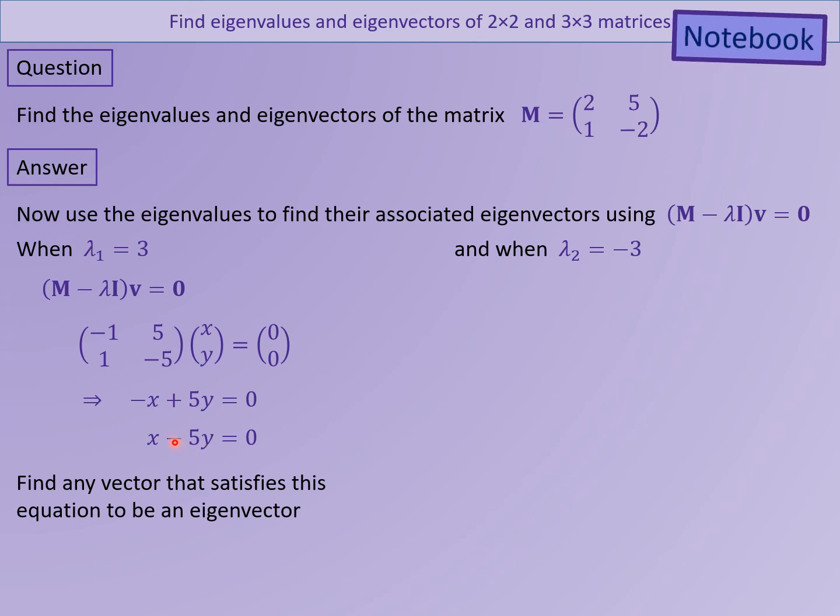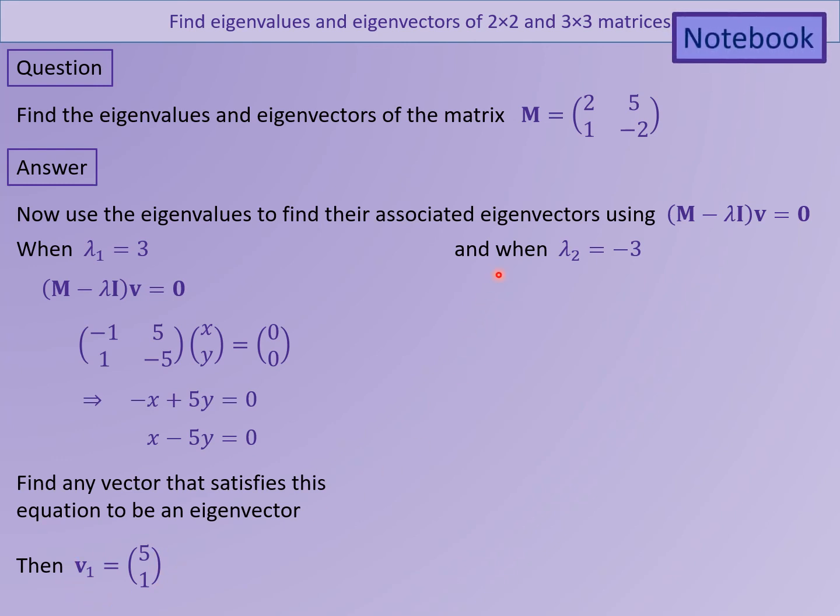And if y equals 1, I can see that x would have to equal 5. That's an easy way to do it, but it's up to you. Any points that work in there could be used. So I've got 5 for x, 1 for y, just to confirm, yep, 5 minus 5 lots of 1 does equal 0. So that would definitely be an appropriate vector, so that would be our eigenvector.